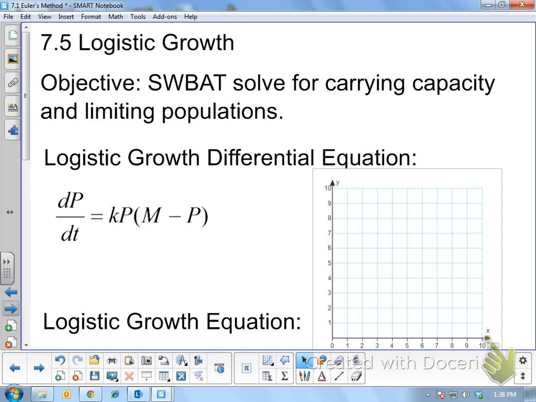So if we did one, let's say that dp dt is k, let's make it even simpler. Let's just say p times 7 minus p. Just for simplicity's sake, so we can get an idea of what the picture will look like.